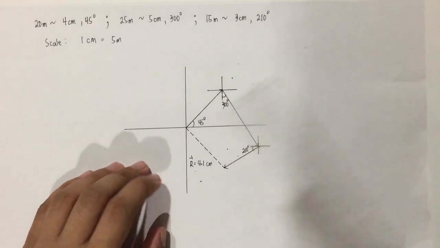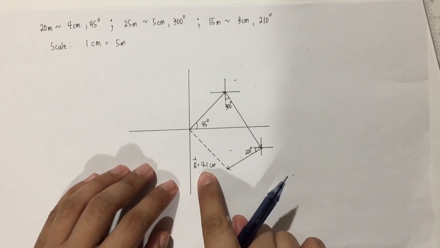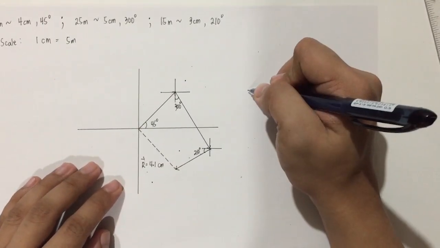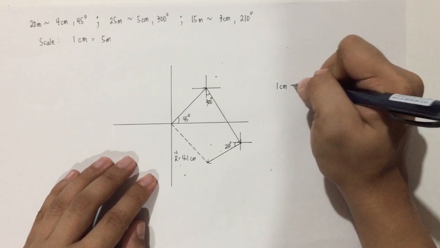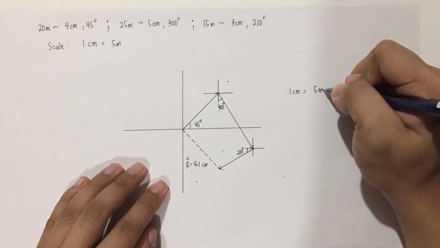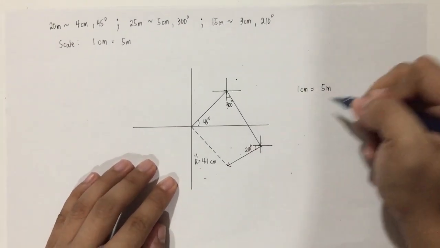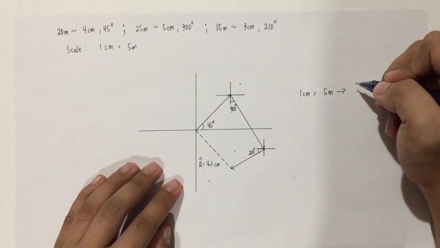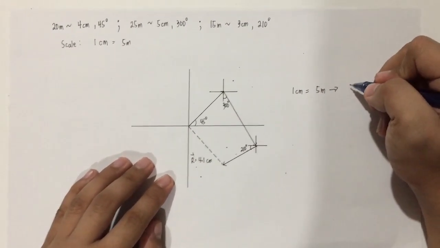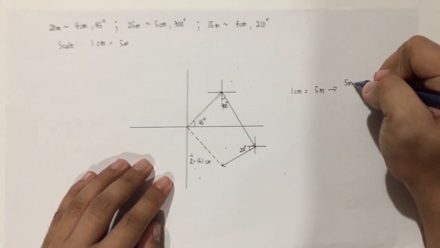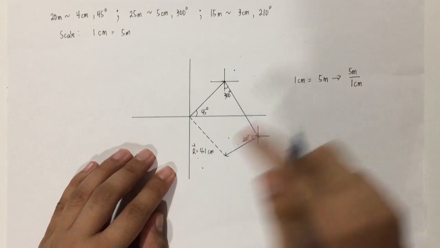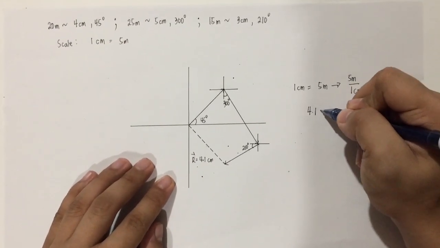Now we're not yet done because we have to convert that into its real unit, using the scale. 1 centimeter is equal to 5 meters. So do the dimensional analysis procedure in order for us to properly convert it into its real unit. So 5 meters over 1 centimeter. We have to multiply that to 4.1 centimeters.